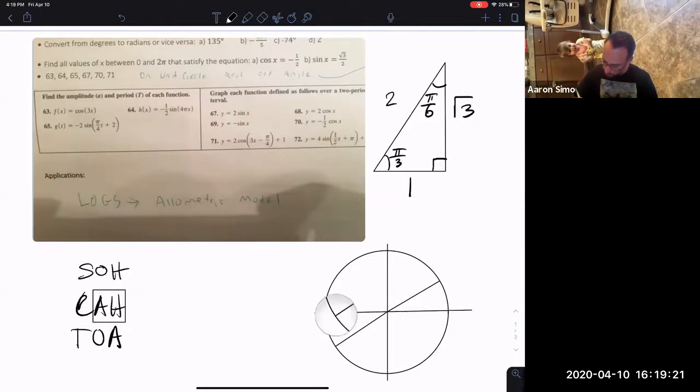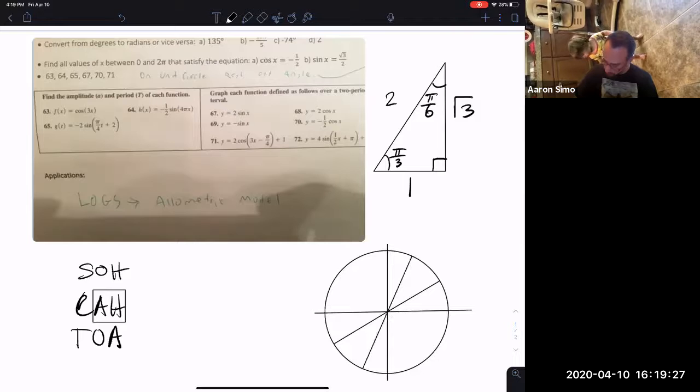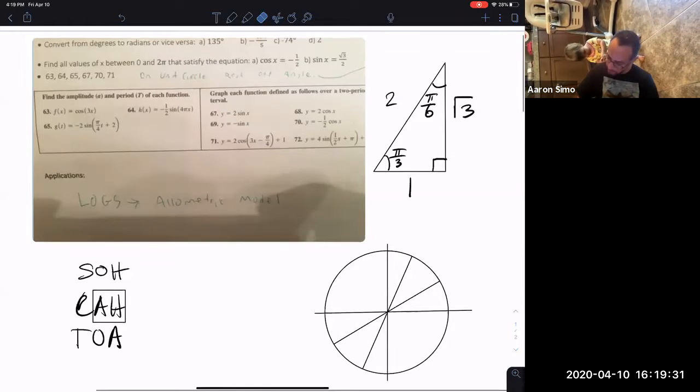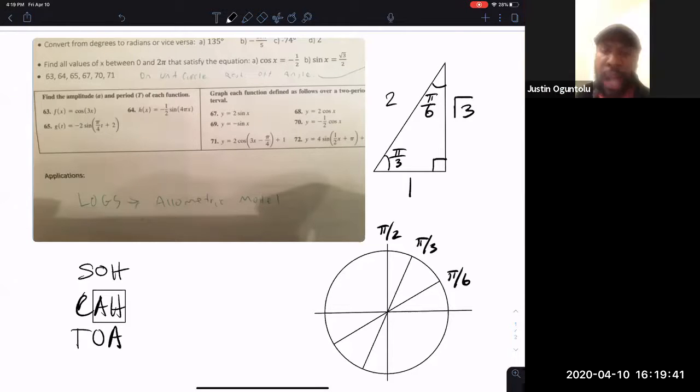You've got to get good at radians. So this is pi over 6, this is pi over 3, and this is pi over 2. Are you familiar with that? Yeah, pi over 6, pi over 3, pi over 2.